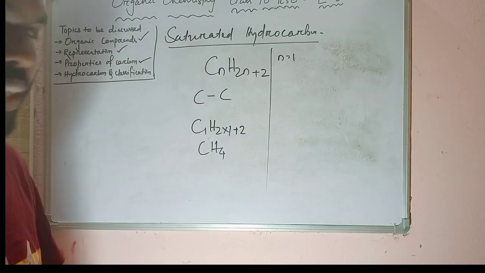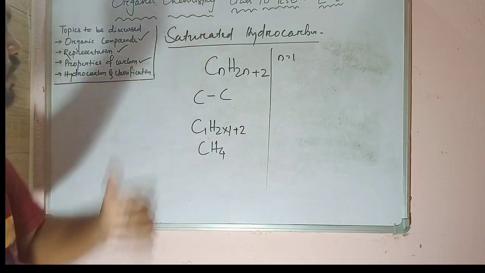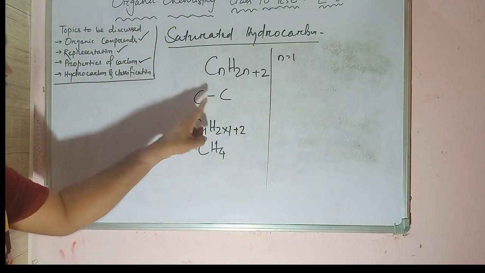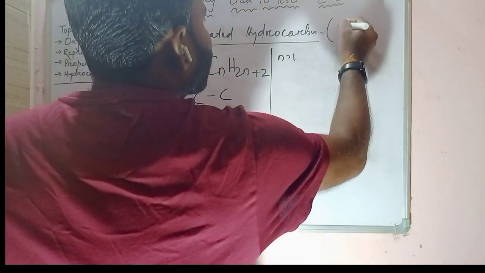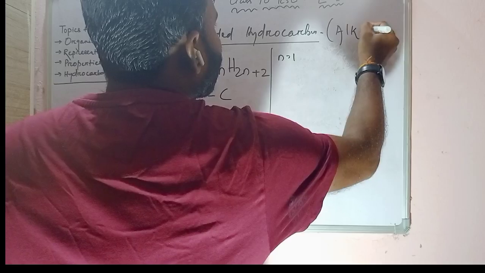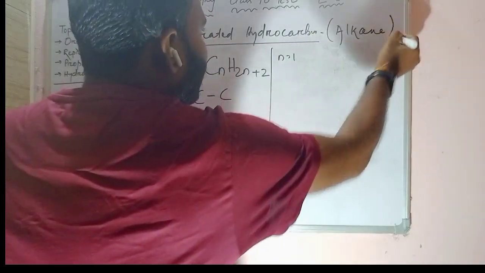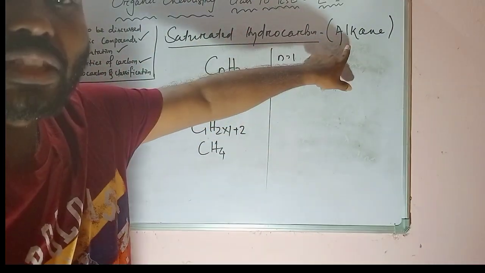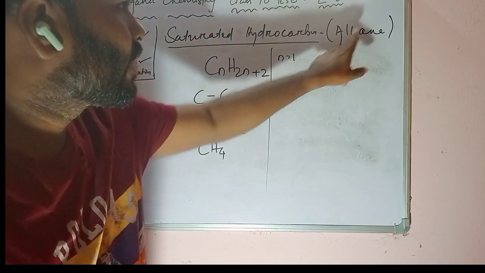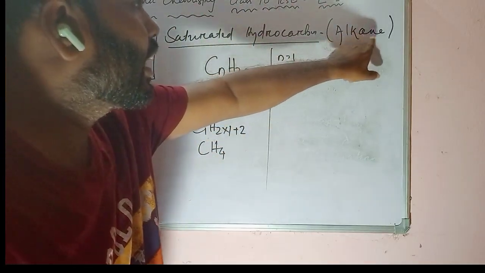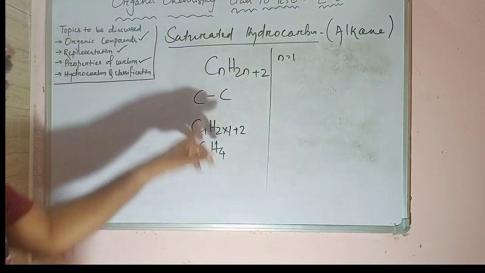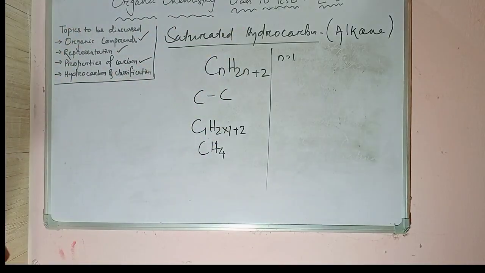How to name it? Now you see, saturated hydrocarbon has a single bond between carbon and carbon. It is also known as alkanes. What is alk? Alk means number of carbon, and ANE is the suffix for this single bond or saturated hydrocarbon.